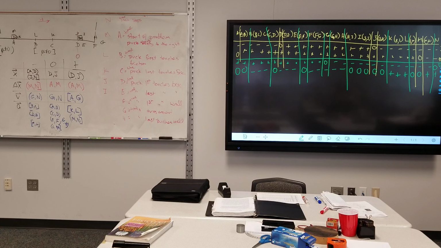Questions? Cooper? I'm confused as to why, if we're dealing with velocity, and velocity is displacement over time, right? Right. So if the displacement is positive from A to M, why does the velocity become negative from G?